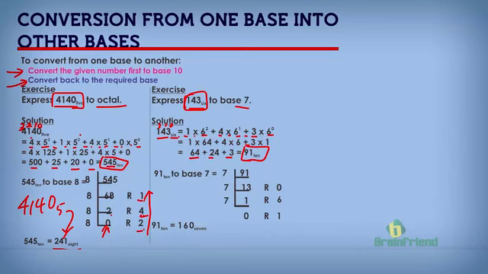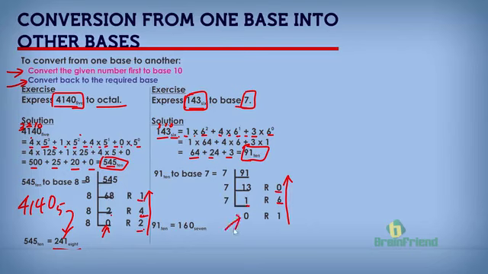But remember, we've been asked to give the answer as a number in base 7. To get 91 base 10 in base 7, we'll divide 91 continuously by 7 until we reach the 0 level, and then we write down our remainders. Let's follow our steps. 91 divided by 7 is 13, remainder 0. 13 divided by 7 goes 1 time, remainder 6. 7 cannot go in 1, so we've hit our 0 level.